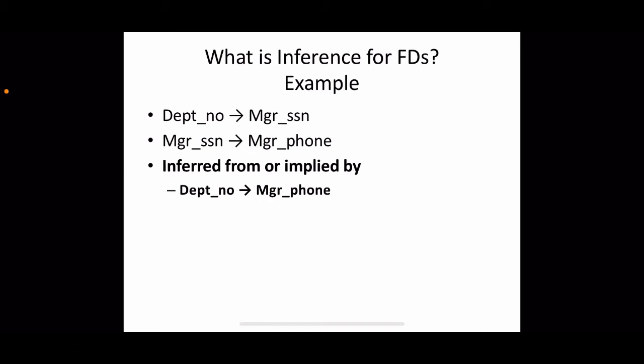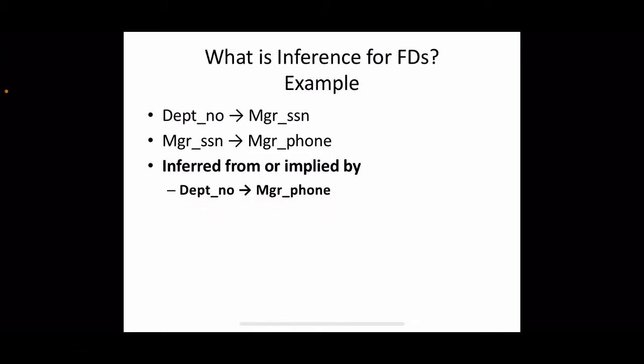For example, suppose we have two dependencies: for each department, the department number determines the manager SSN. And each manager has a unique phone number, so manager SSN functionally determines manager phone number. From these two dependencies, we can infer a new dependency: for each department, there is a unique manager phone number.